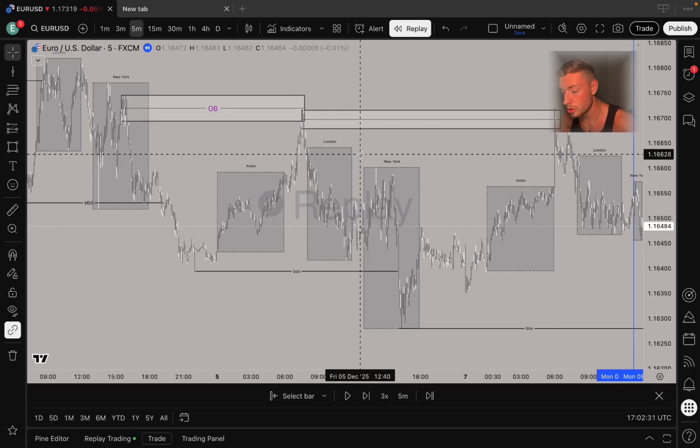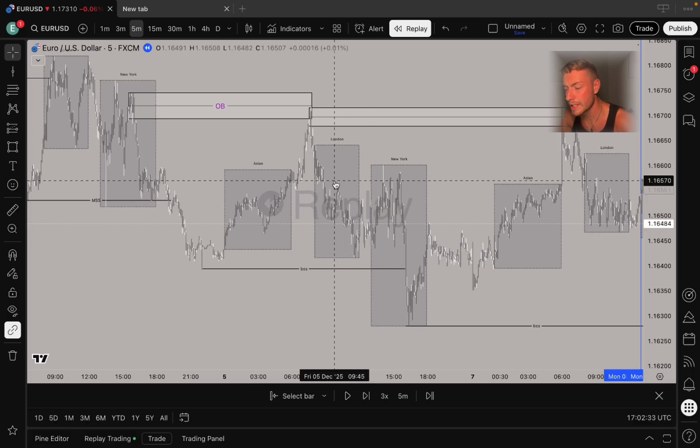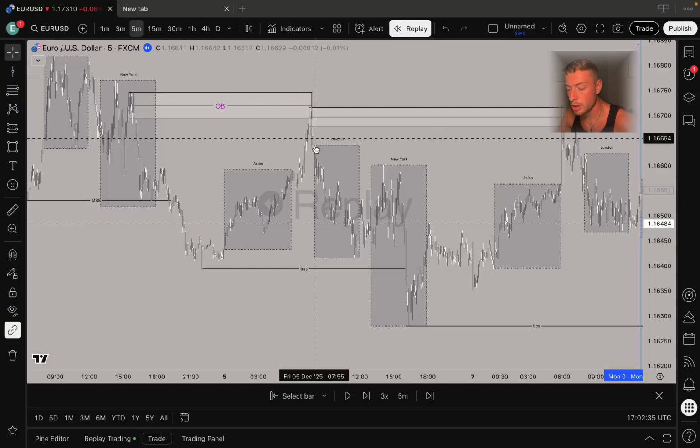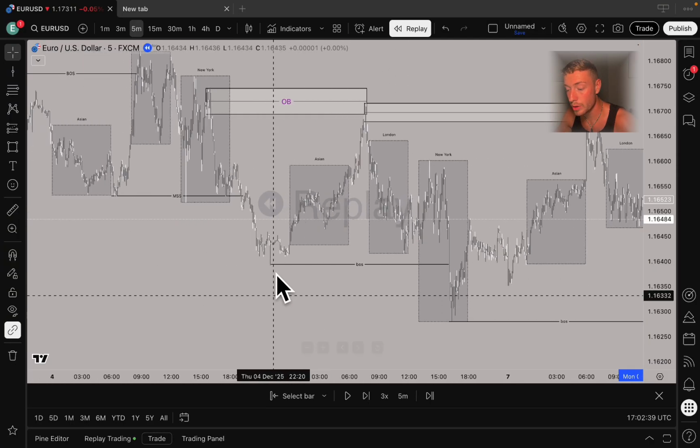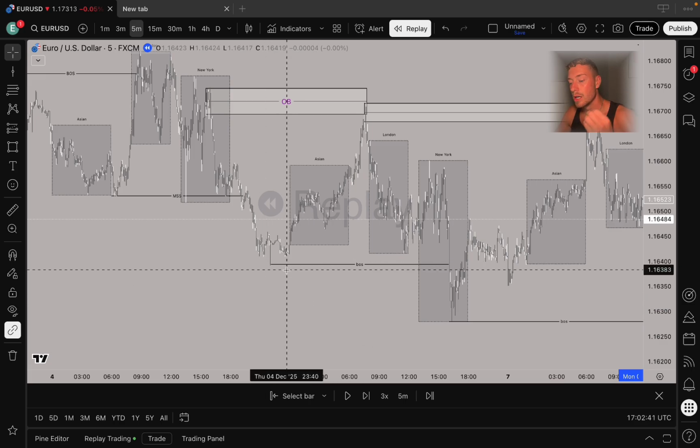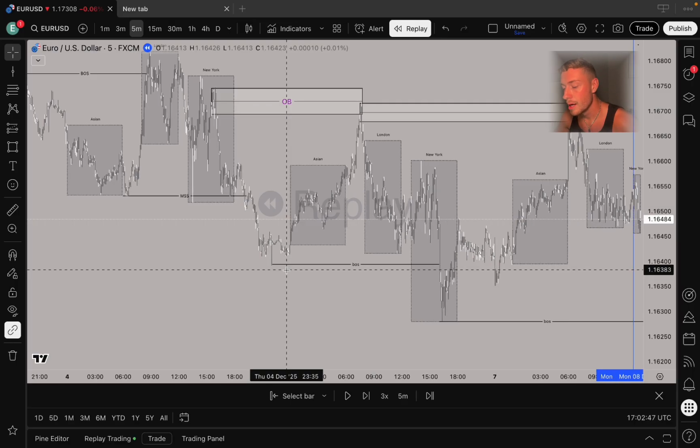We wanted more confirmation. So what happened the day before is we tapped off this order block, and then we rebalanced price by dropping even further, and that caused a break of structure to the downside. So not only have we had a market structure shift, but we've also had a break of structure as well, which means that the trend is even more strong.